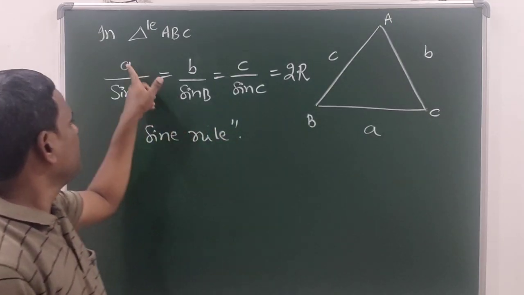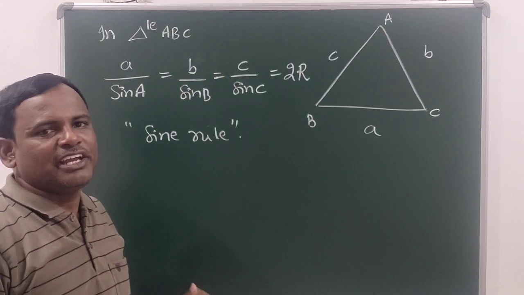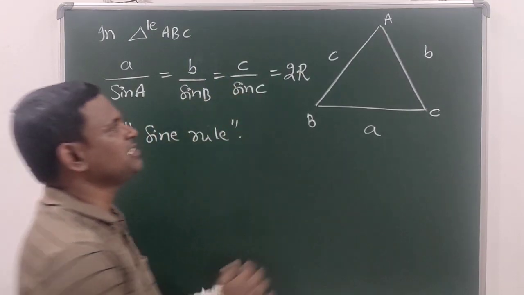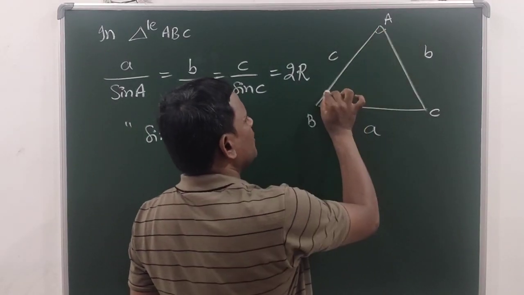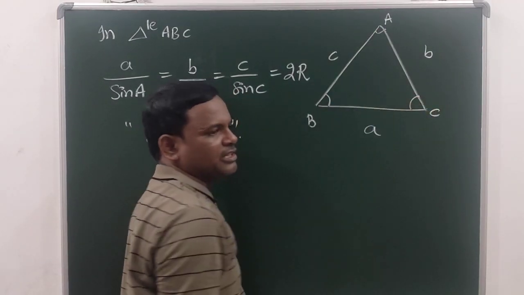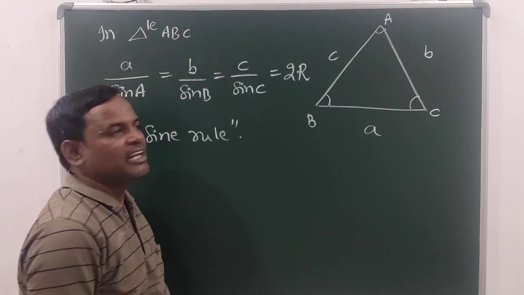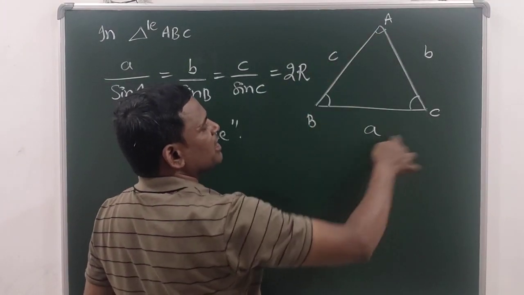See here, you know what is meant by ABC. Capital A, capital B, capital C represent interior angles of this triangle ABC, and capital R represents the radius of the circumcircle of this triangle.